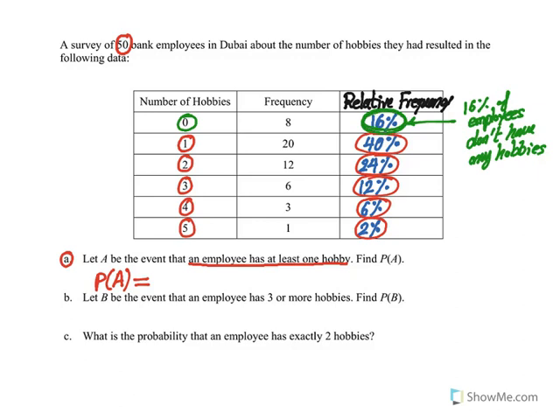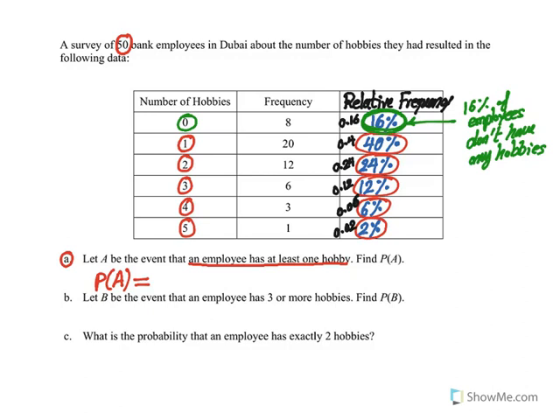So you can say, and by the way, this is 0.16, this is 0.4. If you want it as a decimal, this is 0.24, this is 0.12, and this is 0.06, and this is 0.02. So that it makes things easier.